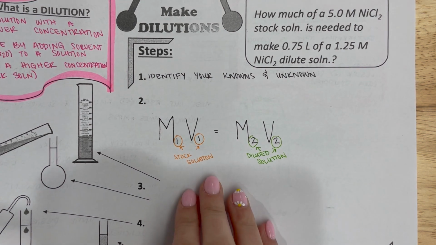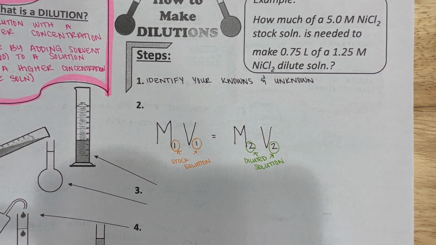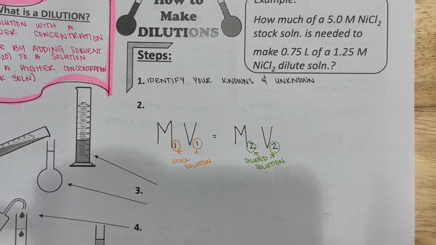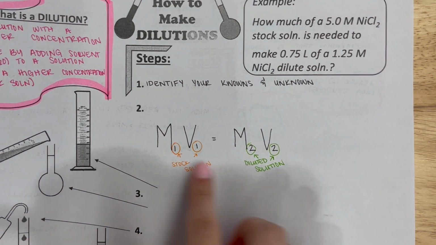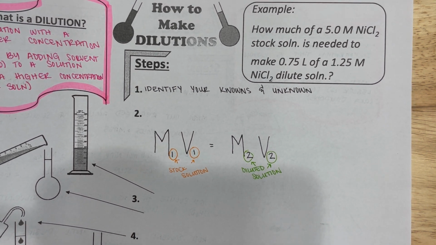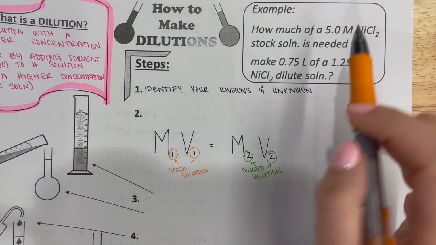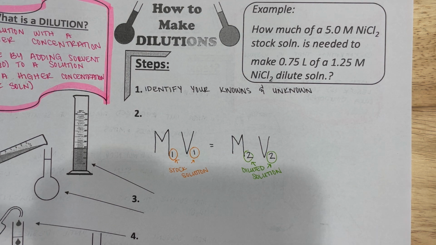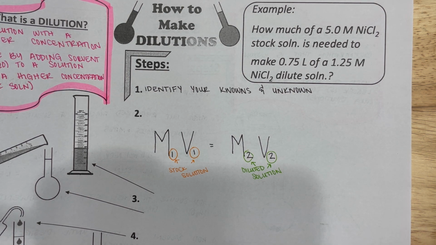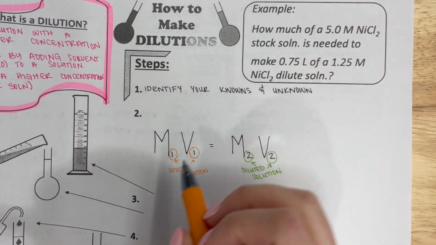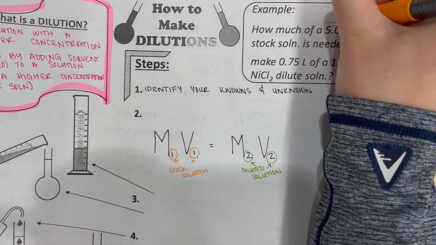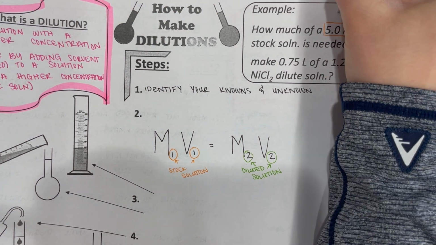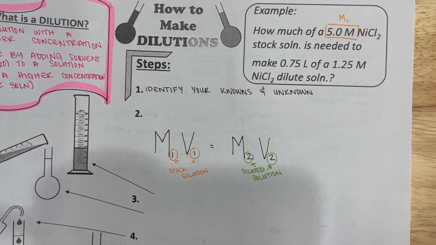Okay, so knowing this, we're going to come back to this problem up top. We have three values, and we need to identify which one's which and what we're looking for here. So we want to know how much of a 5 molar nickel(II) chloride stock solution is needed. This is my stock solution. This is a molarity, so this is my M1.